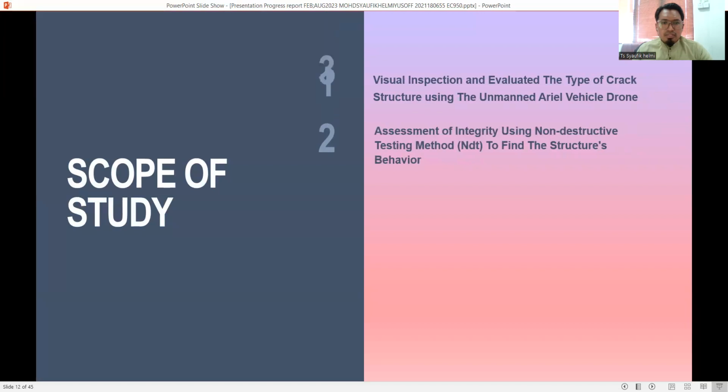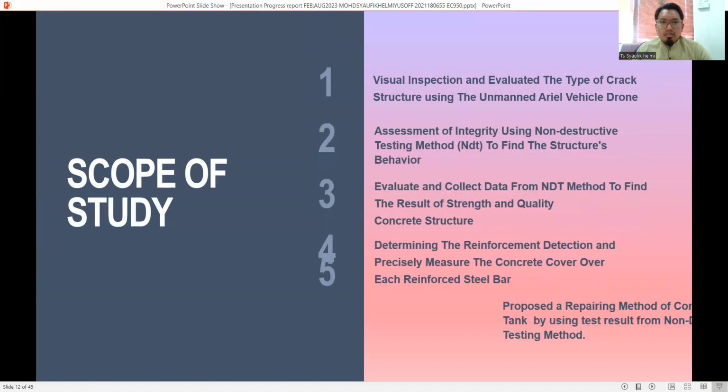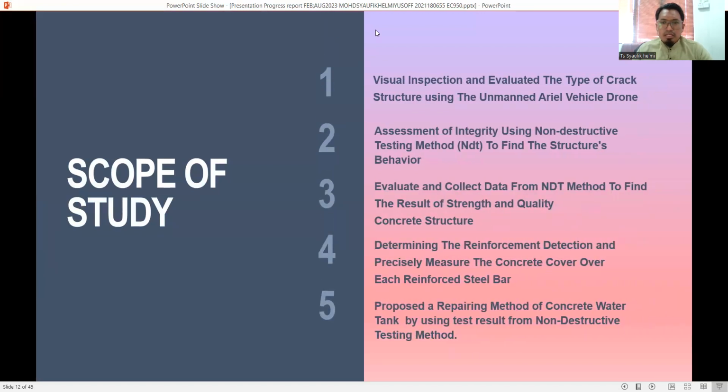Okay, the scope of study: visual inspection and evaluating the type of crack using an unmanned aerial vehicle, which is a drone. The assessment of integrity using non-destructive testing methods to find the structure's behavior. The third one, evaluate the data collected from NDT methods to find the strength and quality of the concrete structure.